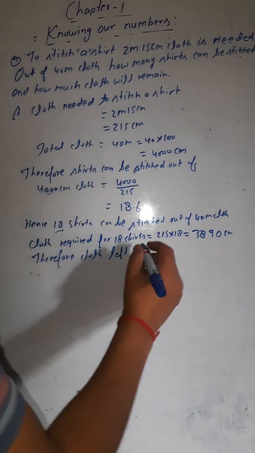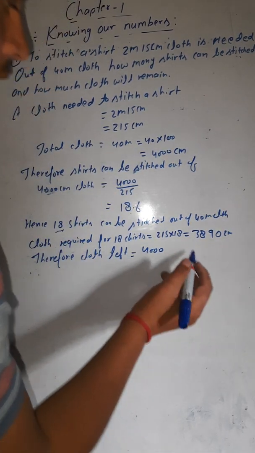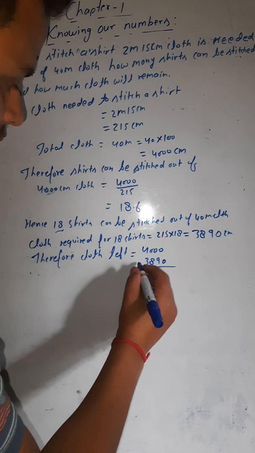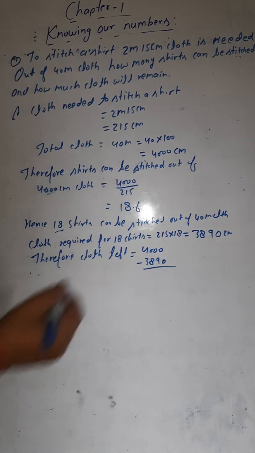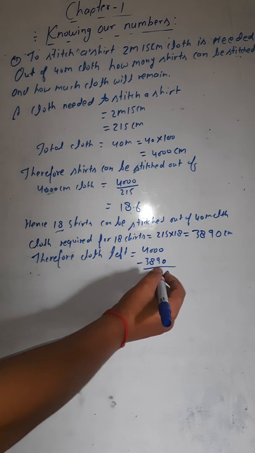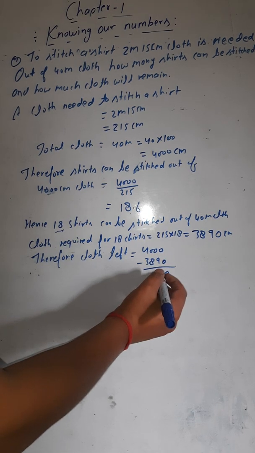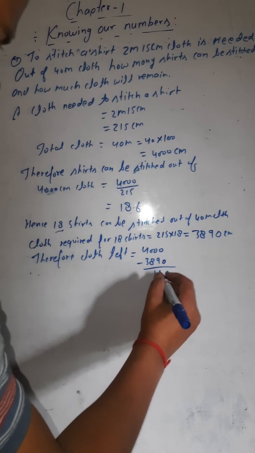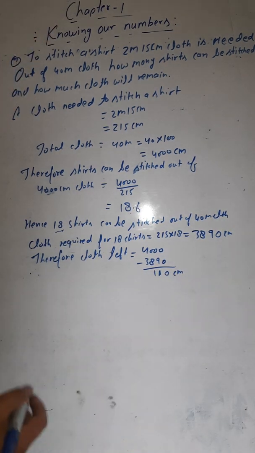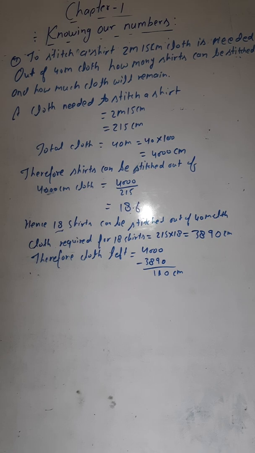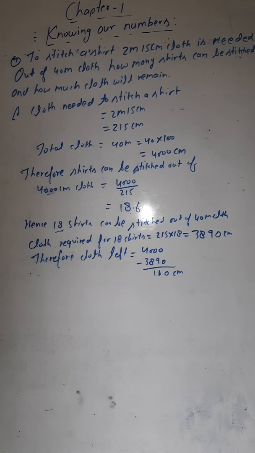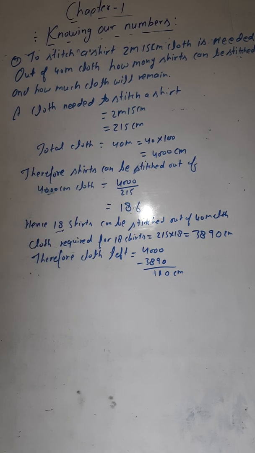Total was 4000. How much used? 3890 centimeter used. Subtract this, you would get your answer. 0. 10 minus 9, 1. 9 minus 8, 9 minus 8 also 1. So 110 centimeter cloth would be left. Okay, this much cloth would be left after making 18 shirts. Okay, are you getting the answer?